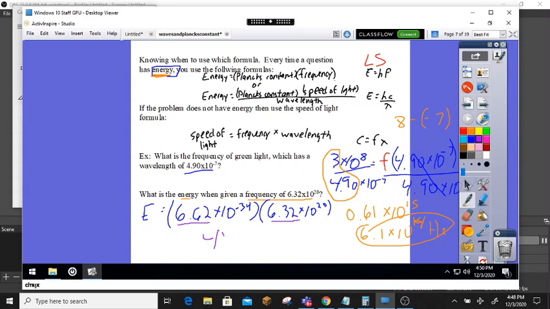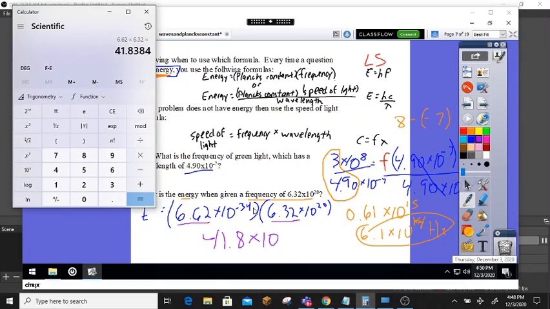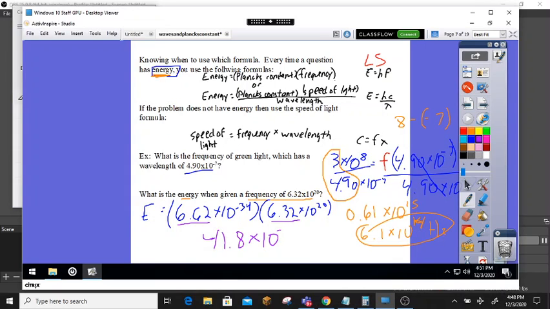4.18. And the exponents, since we're multiplying, we add exponents. Negative 34 plus 20, negative 14. These big numbers, when I was in high school, they used to scare me, and even in college.